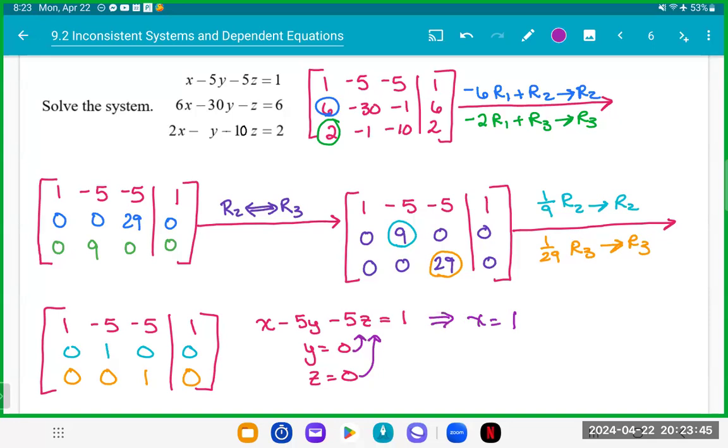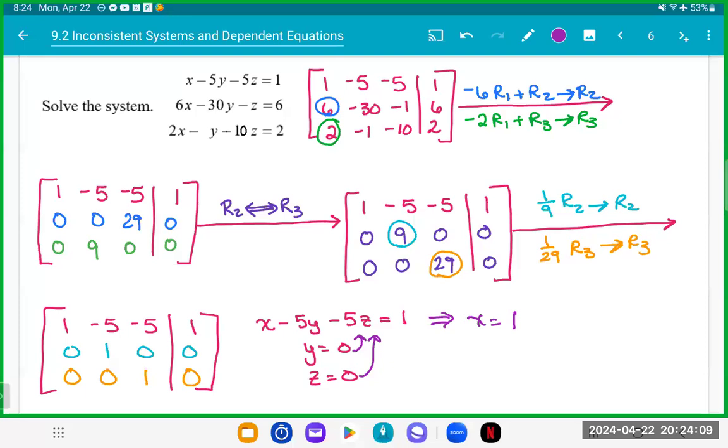And so if you were to plug that into any of those equations, at no point do you get 0 equals 0, and at no point do you get 0 equals some other value besides 0.